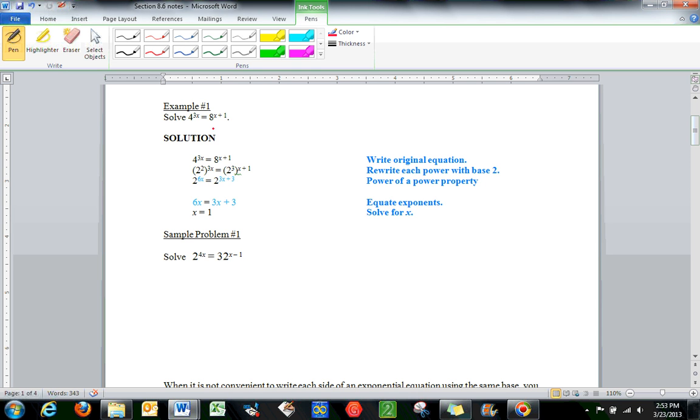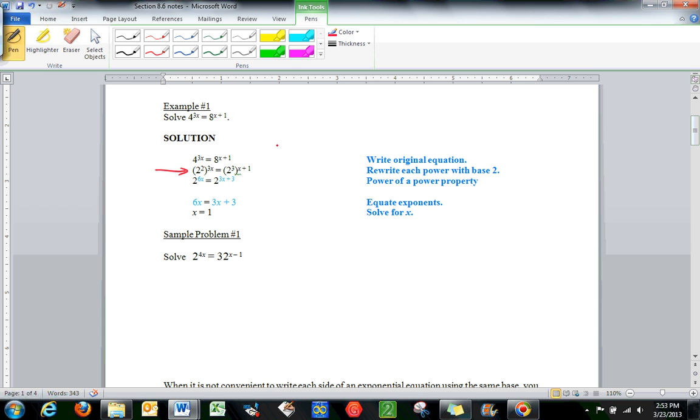Well, neither one of them have the same base, but they both can be dropped down to a base of 2, and of course 4 would be changed to 2 squared and 8 would be changed to 2 to the third. And you can see here that we have to apply our exponent properties, and then we get 2 to the 6x power and 2 to the 3x plus 3 power, and we had to distribute that 3 there.